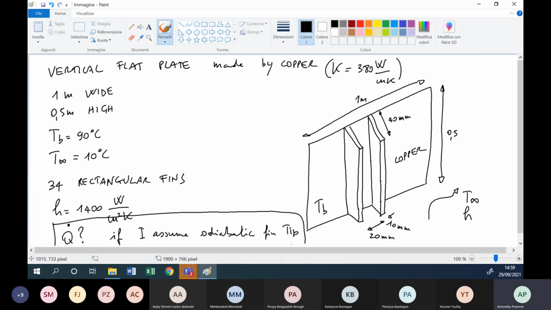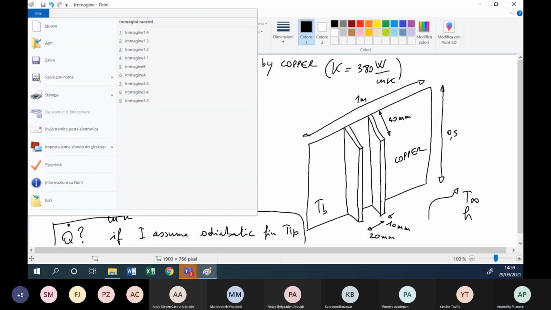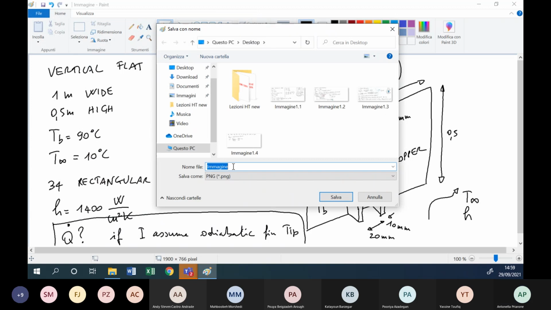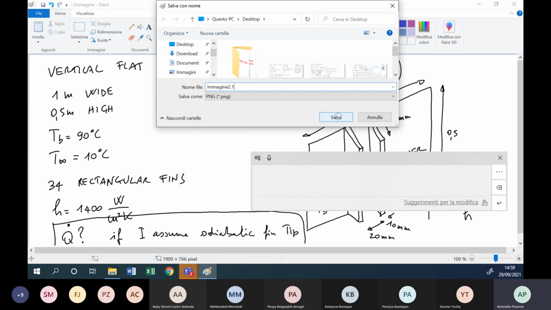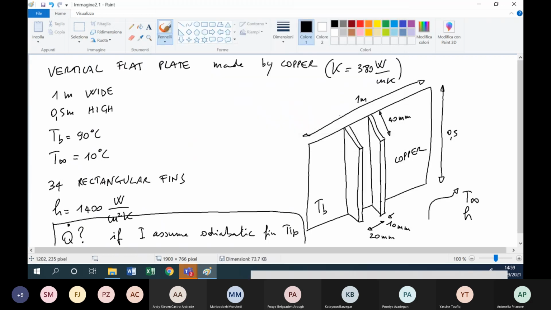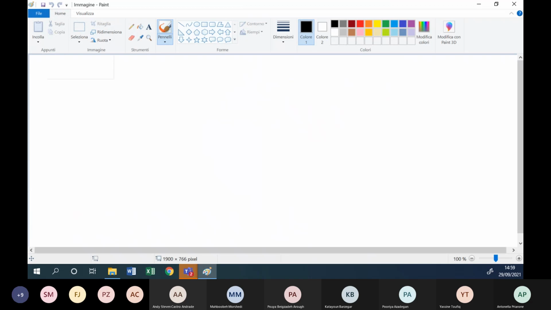We know that, first of all, we have to evaluate some parameters for this geometry.